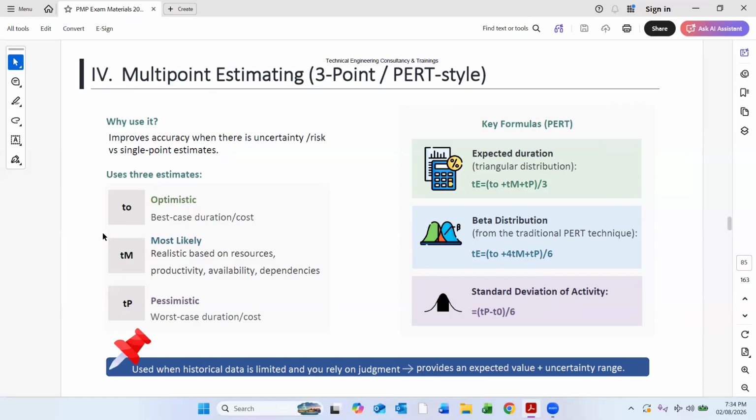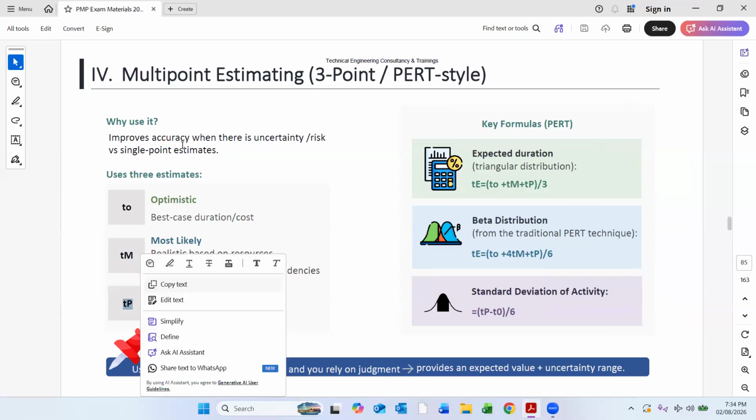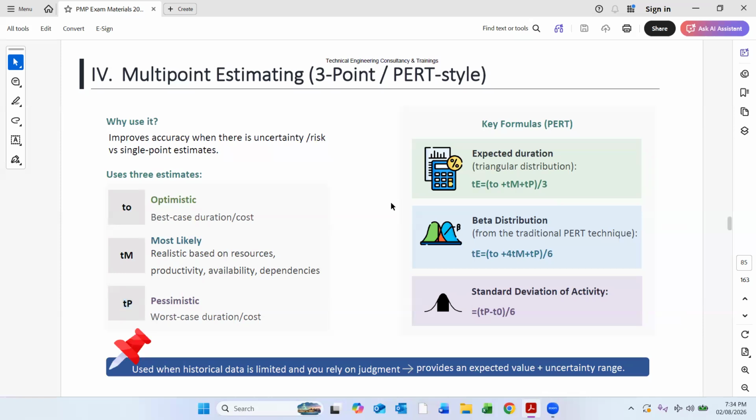Here TO is for optimistic, TM is for most likely, and TP is for pessimistic. So it improves accuracy when there is uncertainty or risk, versus single point estimation. So we have three types of PERT formulas: triangular distribution, beta distribution, and standard deviation.